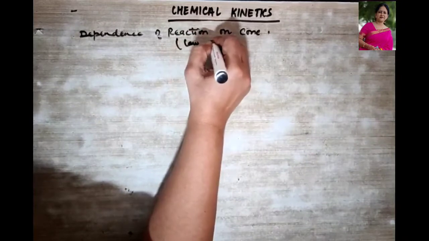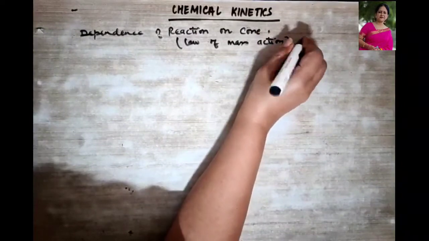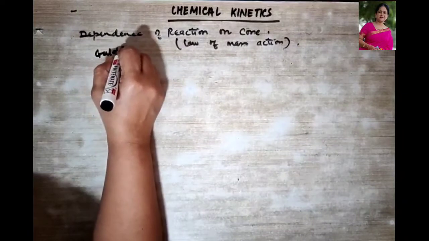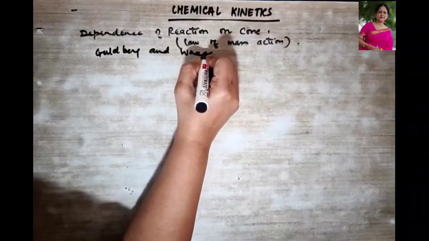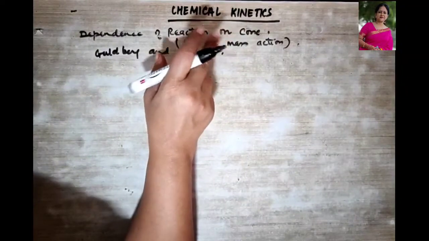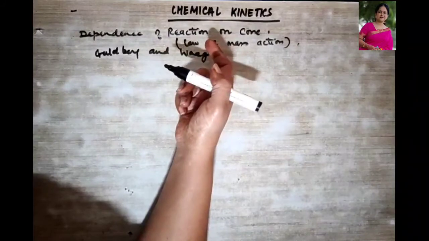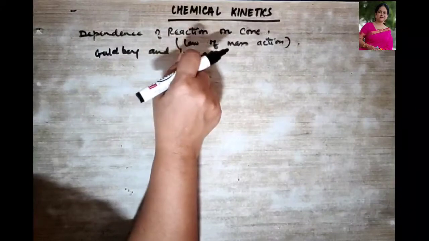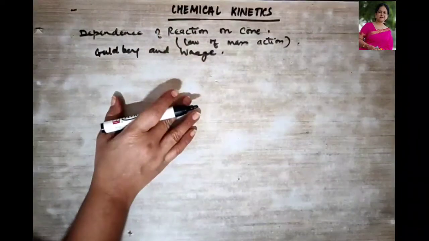It was given by Guldberg and Waage. So according to this law, at a given temperature, the rate of reaction is always directly proportional to the product of the molar concentration of the reactants, with each term raised to the power of the stoichiometric coefficient as represented by the balanced equation.